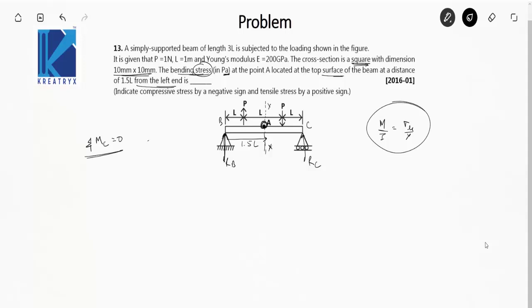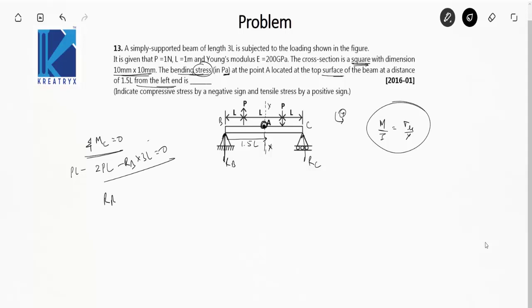We can write this. So PL minus 2PL. Okay, this is P into L, taking the anti-clockwise sign as positive, taking the proper sign convention, minus 2PL, and this is again minus RB into 3L is equal to 0. This part is easy, you can solve.